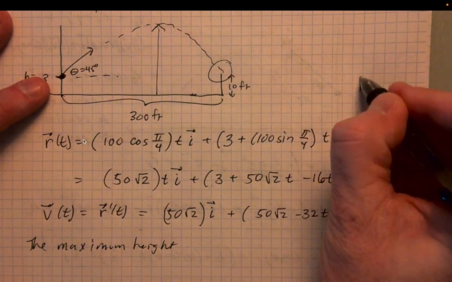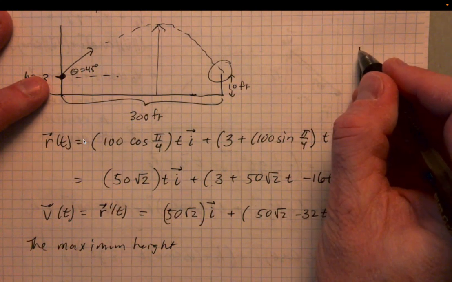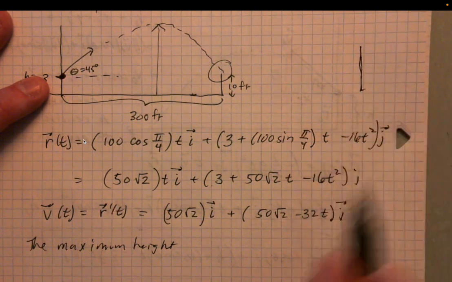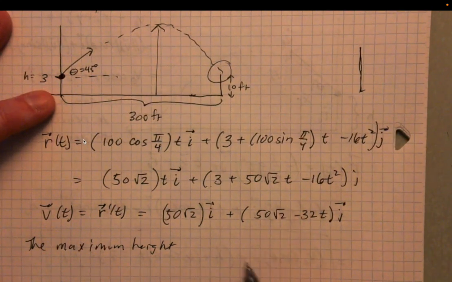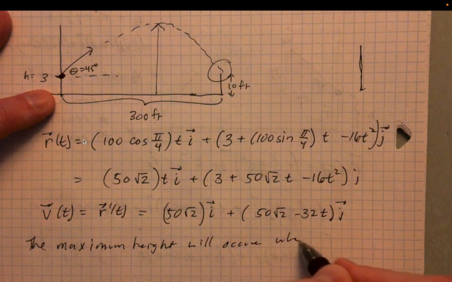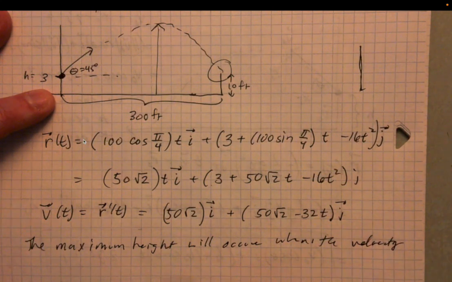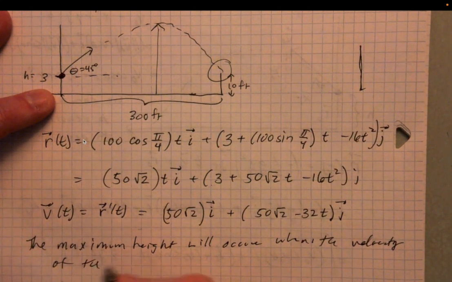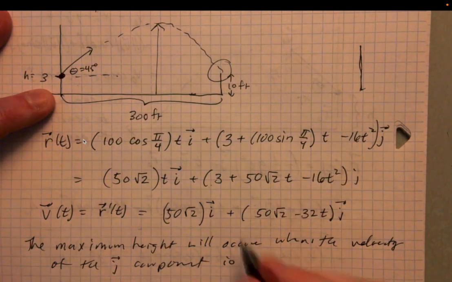It'll go up for a while with a positive velocity, and then it'll stop and come back down. So we want to know precisely when this is 0. So the maximum height will occur when the velocity of the j component is 0.